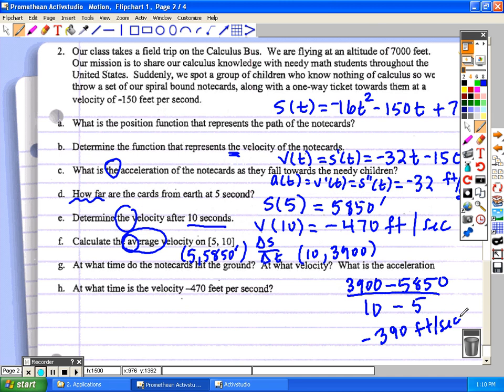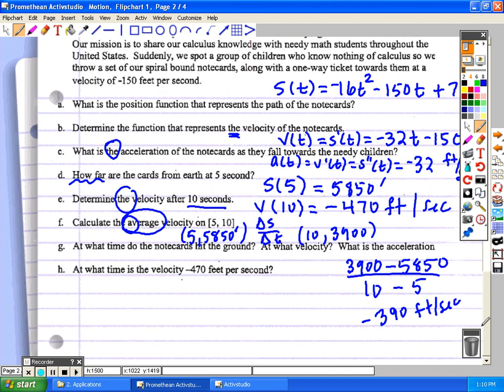Letter G, this is almost over. At what time do the note cards hit the ground? Again, that's position. So I'm really wanting to know when is S of t equal to 0. And you can use your calculator to do that. You could do it graphically. You could do it algebraically.